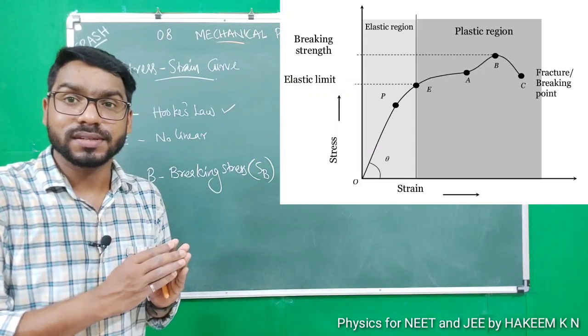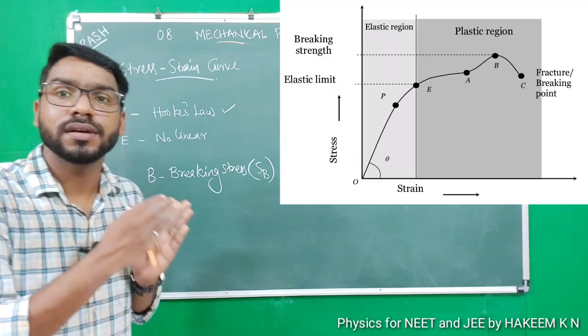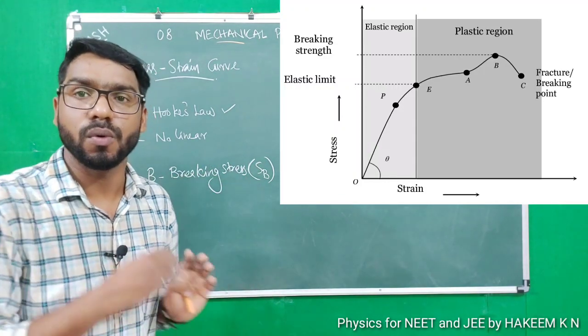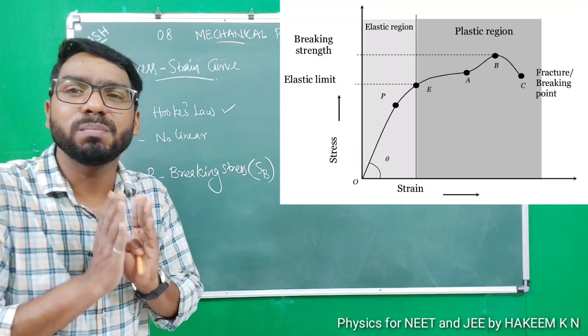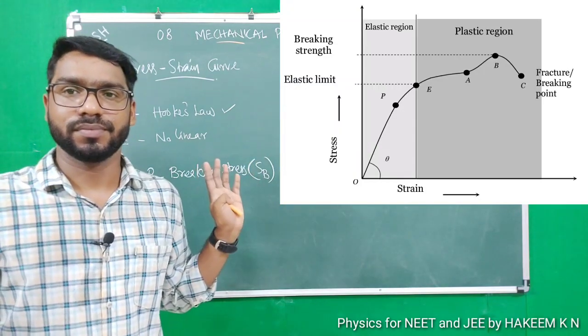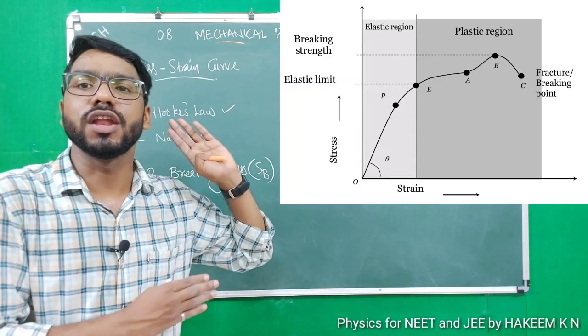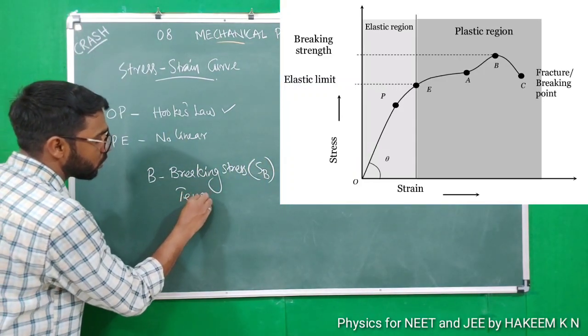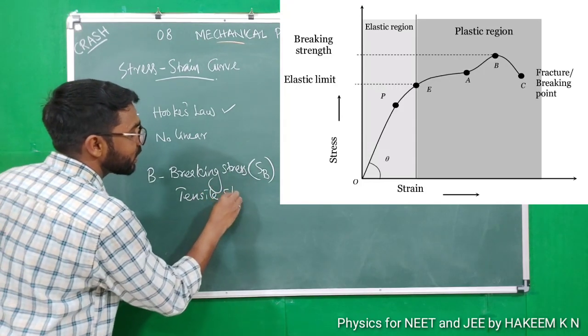The stress after which the body begins to flow or begins to break. That maximum value of stress is called breaking stress, or it is also called what? Tensile strength.